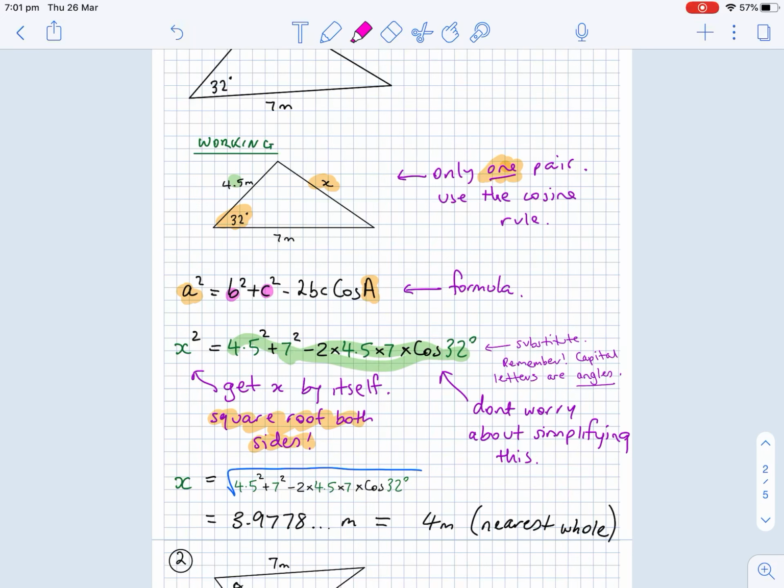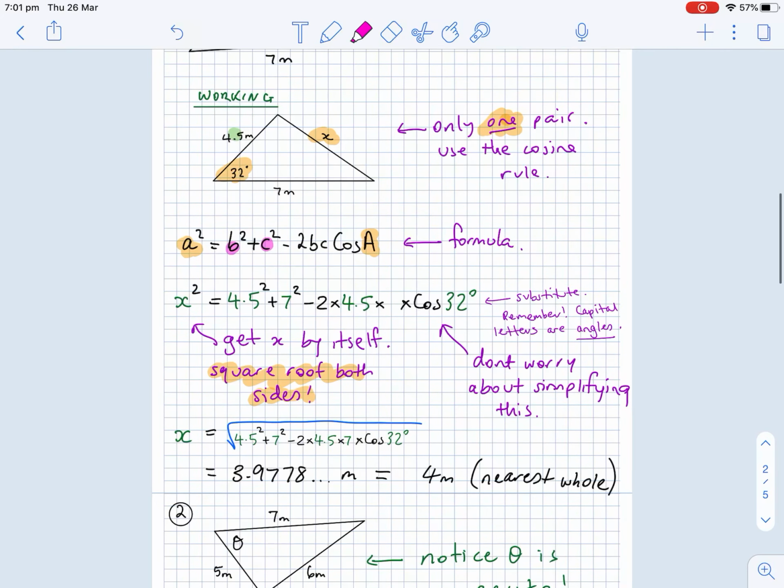It's really important that you can get that formula out correctly. Okay, so when you put all that into your formula like that, don't worry about simplifying it because it just uses up extra time. You want to focus on getting this x by itself. It's all about figuring out what x is.